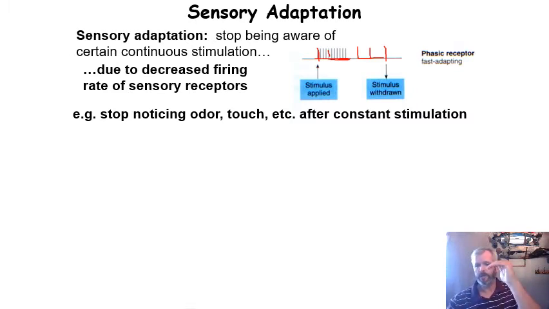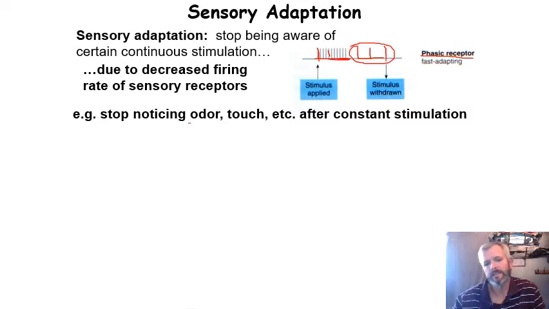Remember, coding is in the frequency of action potentials. Hey, I'm not getting a signal anymore. Don't need to focus on that. So those phasic receptors, the fast-acting receptors, slow down the frequency of firing, and now I don't have to continually think about this.